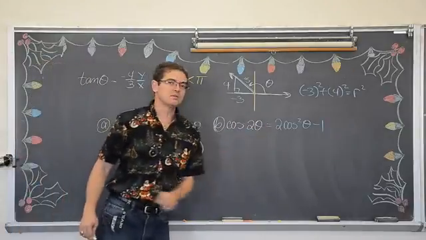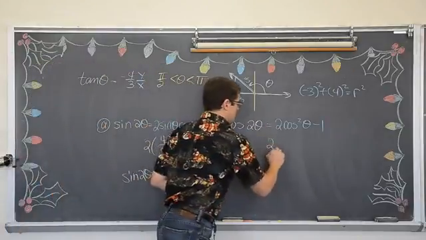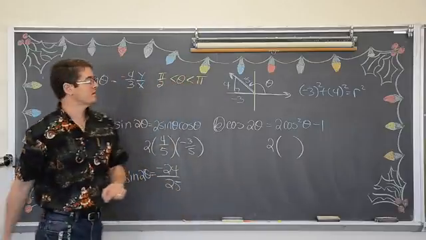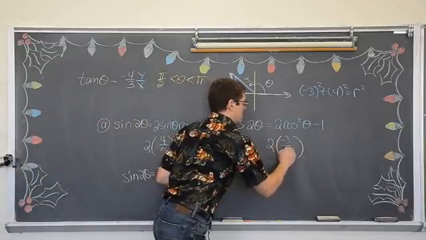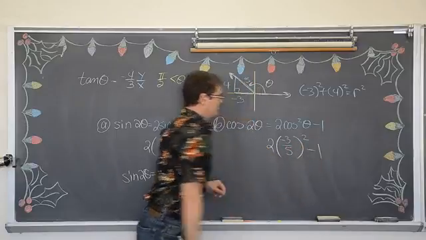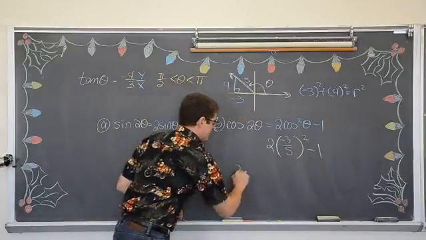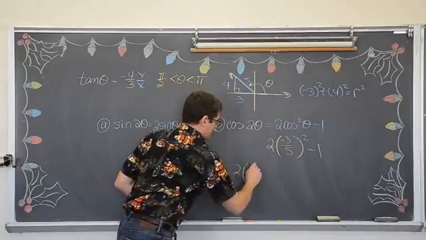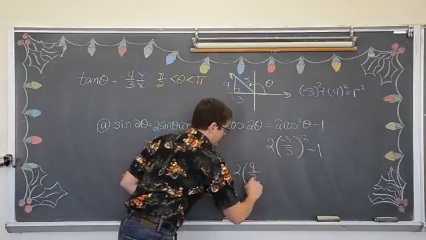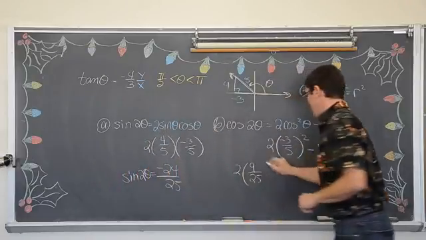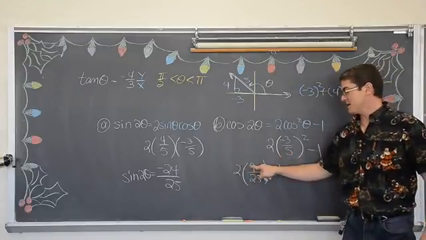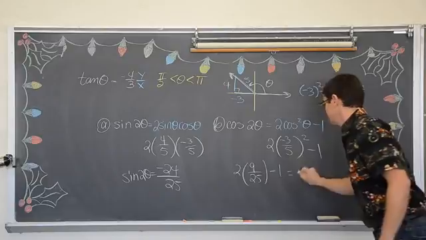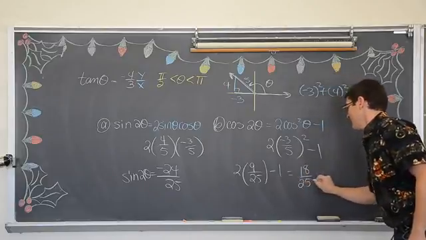And the cosine of 2 theta is equal to 2 times, again, the cosine of theta, which is x over r, negative 3/5, squared, minus 1. So we're going to have 2 times 9 over 25 minus 1. 2 times 9 over 25 is 2 times 9 is 18 over 25 minus 1.